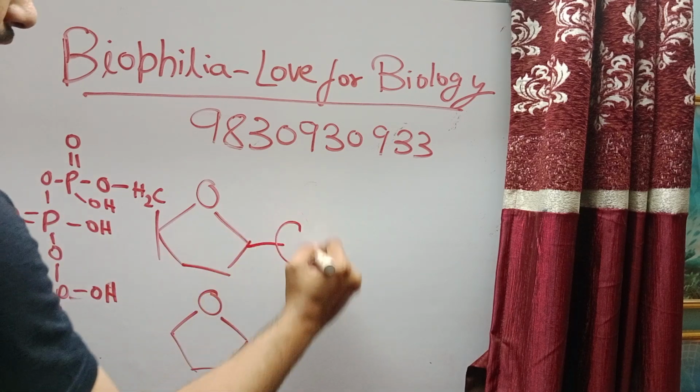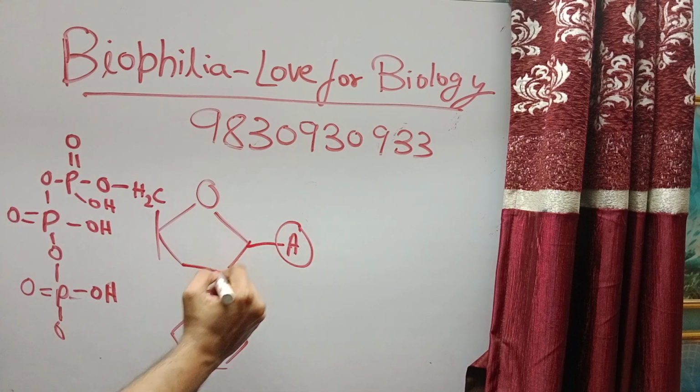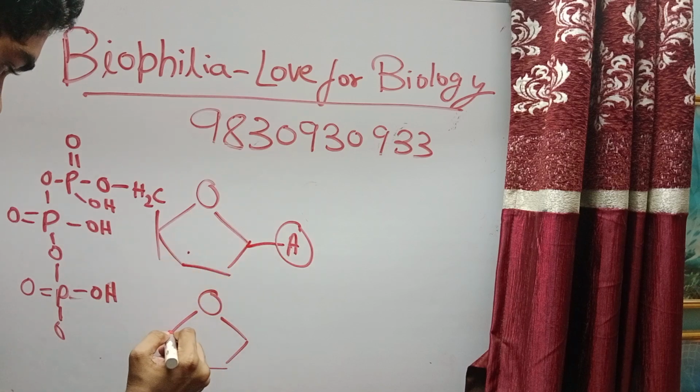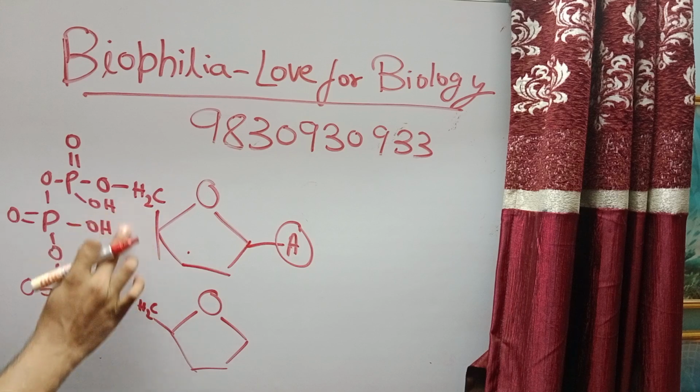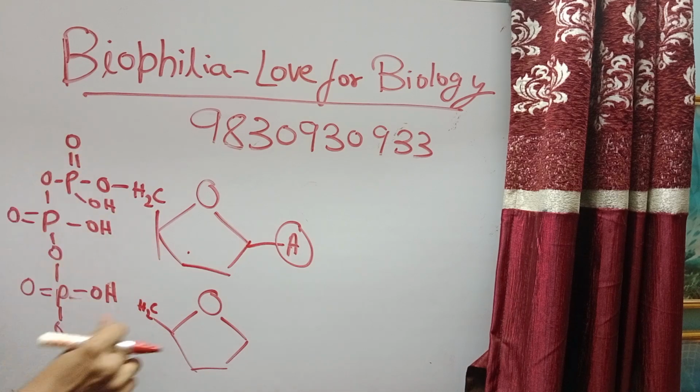With the first prime, there are nitrogenous bases. Similarly, in this molecule, we also have this type of long chain made up of phosphoric acid.